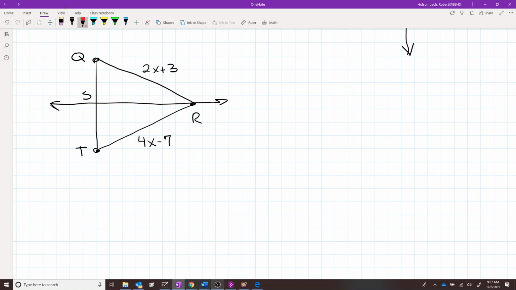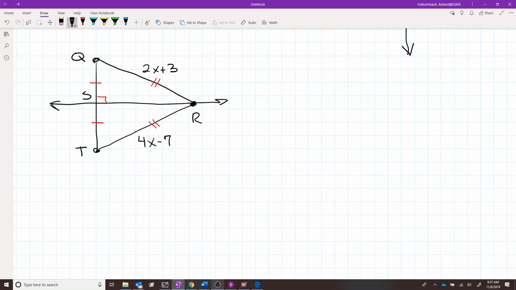And the given information is that the angle of intersection is 90 degrees, and Q to S is congruent to S to T. Since the lines intersect at 90 degrees and QS is congruent to ST, that makes point R, or line RS, a perpendicular bisector. And if that's the case, then R is equidistant to the endpoints of the segment. So RQ is going to be congruent to RT.